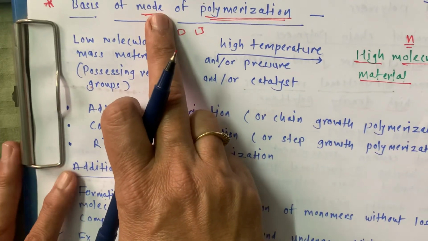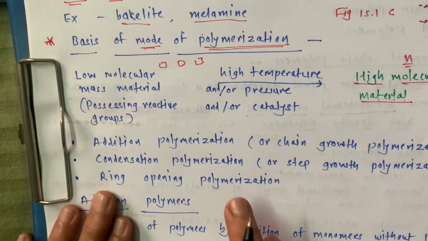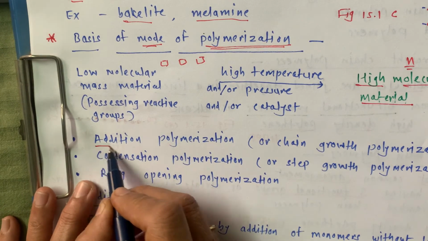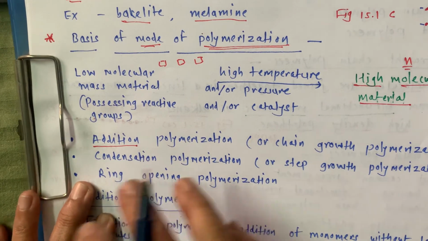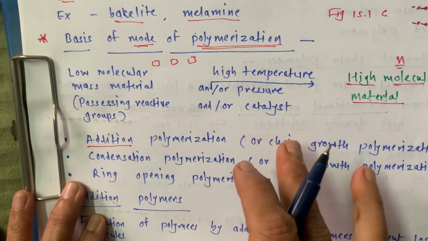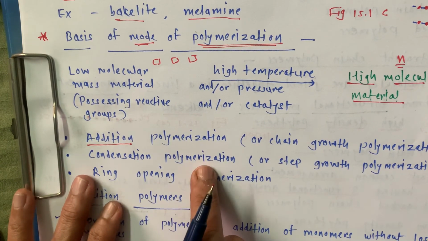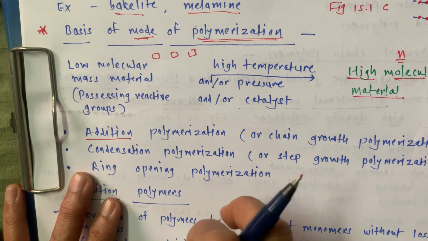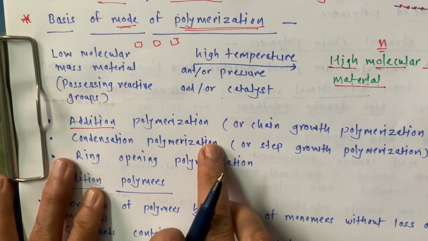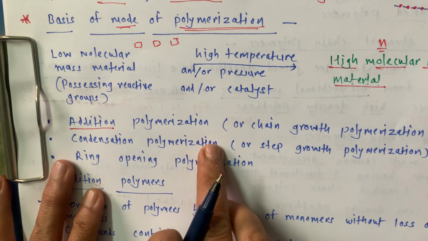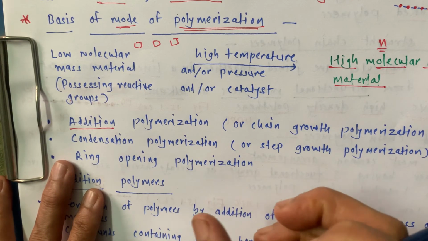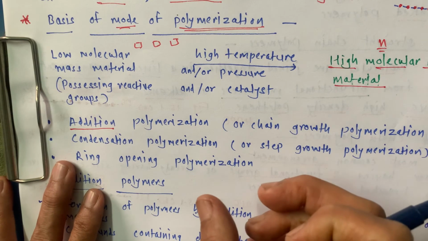Under this mode of polymerization, there are again three types of polymerization. One is addition polymerization, meaning they are just going to add to each other. Condensation polymerization means here we have to remove an H2O molecule, just like in alpha amino acids, when they link to each other, we remove an H2O molecule and it becomes a condensed protein.